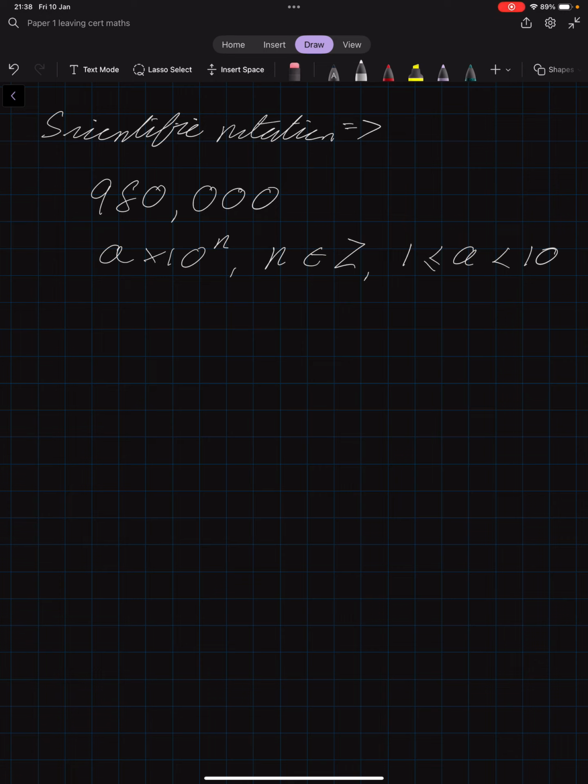Okay, sorry, maybe your book won't have that. But yeah, you want it to be written like this. So you want the size of A to be between 1 and 10. So if there's a minus there, you just bring the minus out and act like normal.